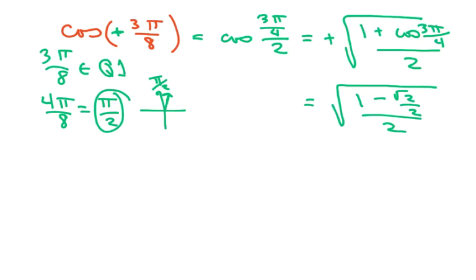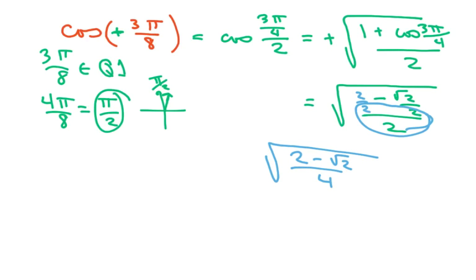And so I'm going to go ahead and change this to 2 over 2. And then multiply those. This is going to be 4, so our answer is going to be square root of 2 minus square root of 2 over 4, which is square root of 2 minus square root of 2 over 2.